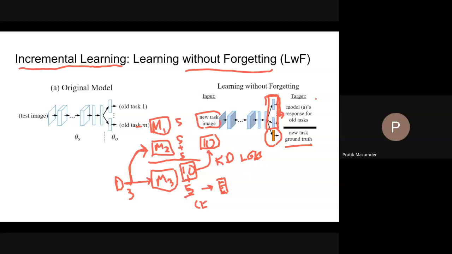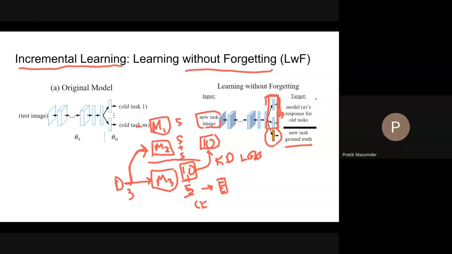So you're trying to reduce the forgetting, because we are preserving the previous information as output. That's why we call it without forgetting. You mean prevent the problem of forgetting in an incremental learning setup. That's why it's called without forgetting. Okay.